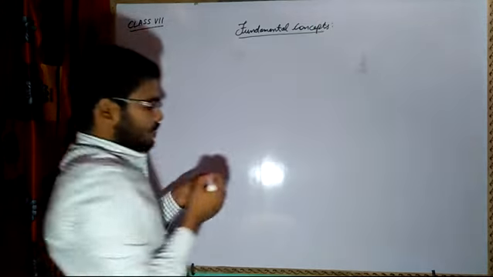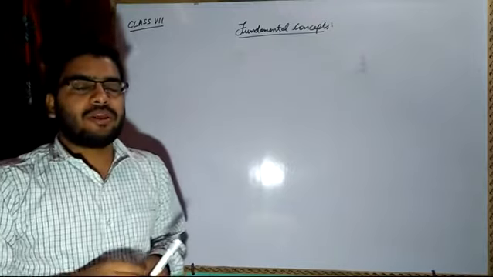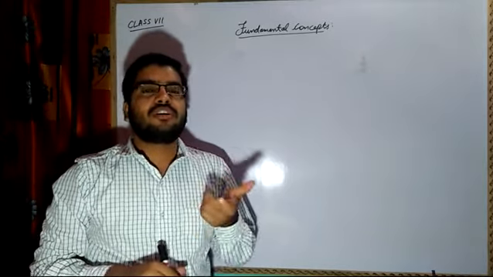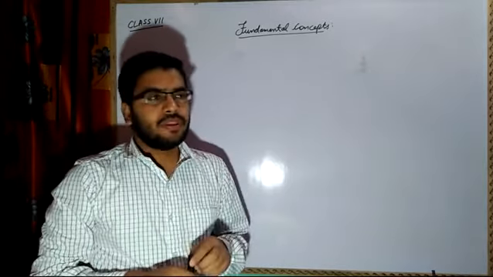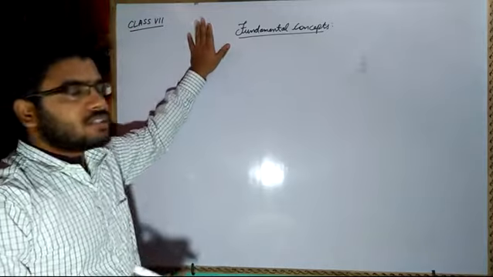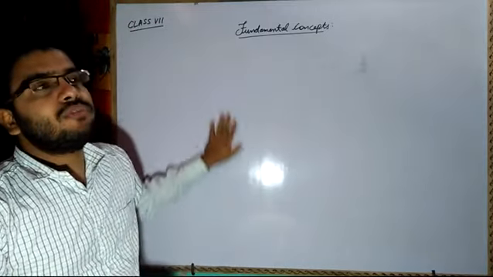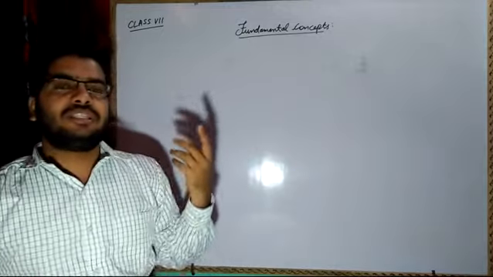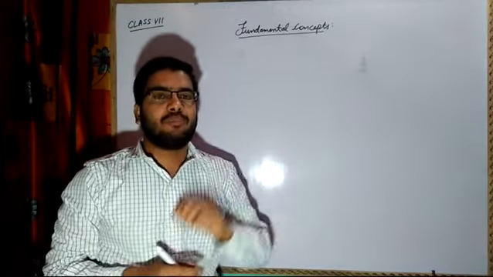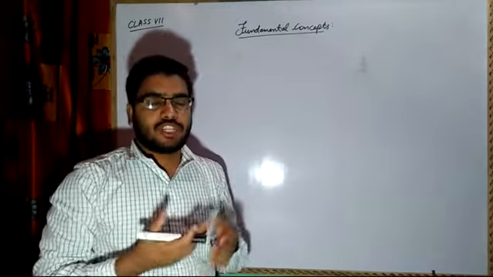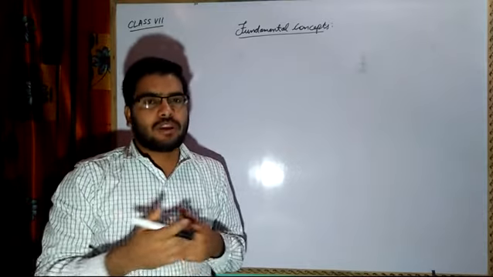Now, what is algebra? Algebra is the branch of mathematics which substitutes symbols for numbers. In this section of algebra, mostly you will be seeing x, y, z, a, b, c, d, p, q, r, s. These are all symbols which we will be substituting for other numerical values.